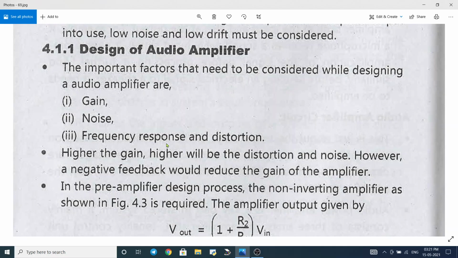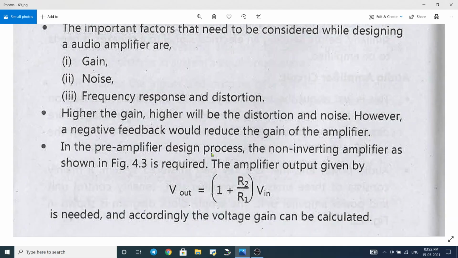If the frequency response of the circuitry does not match with the frequency range of the input signal, the signal will not be amplified properly. And the distortion may be the problem in case of the power amplifier. So all of these factors we must consider while designing the circuit.